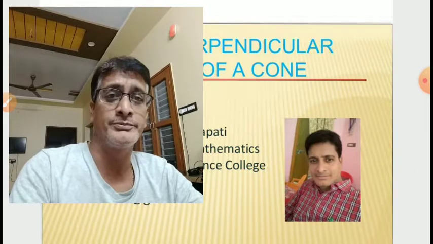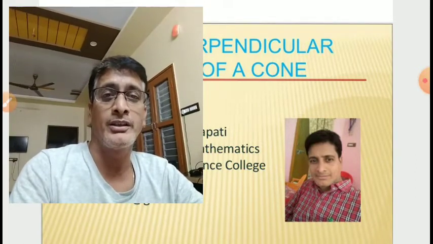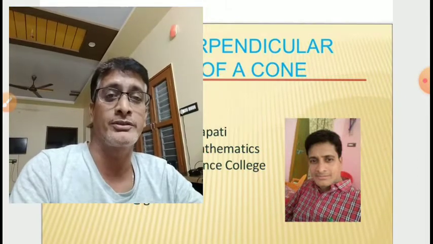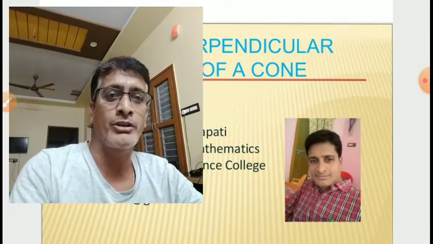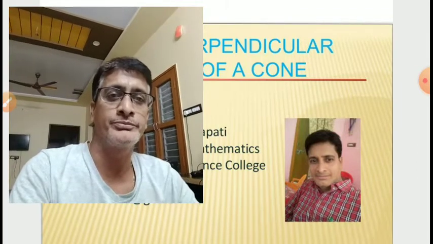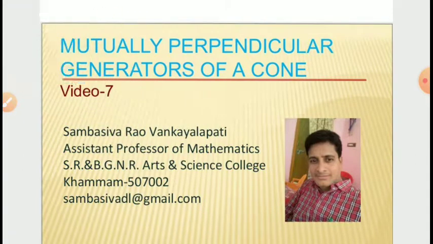In this video, first of all, I recall the concepts we discussed in our previous videos once again, and then come to the main topic of the video. Okay, see this. Mutually perpendicular generators of a cone.